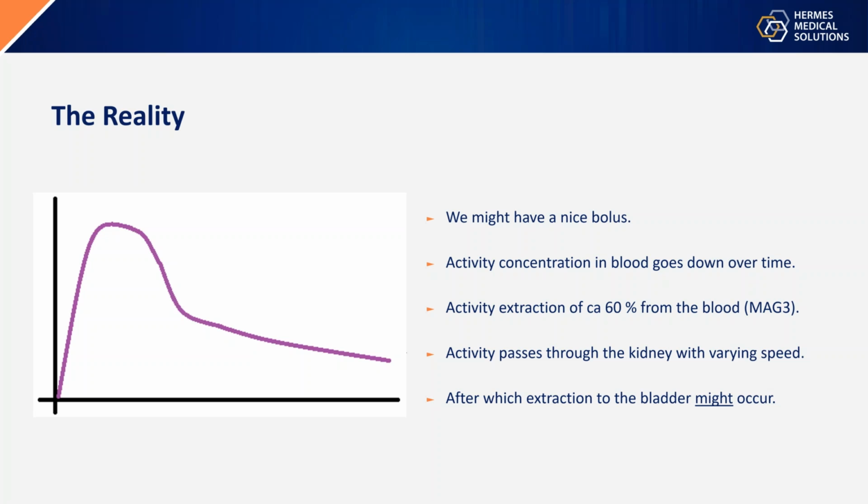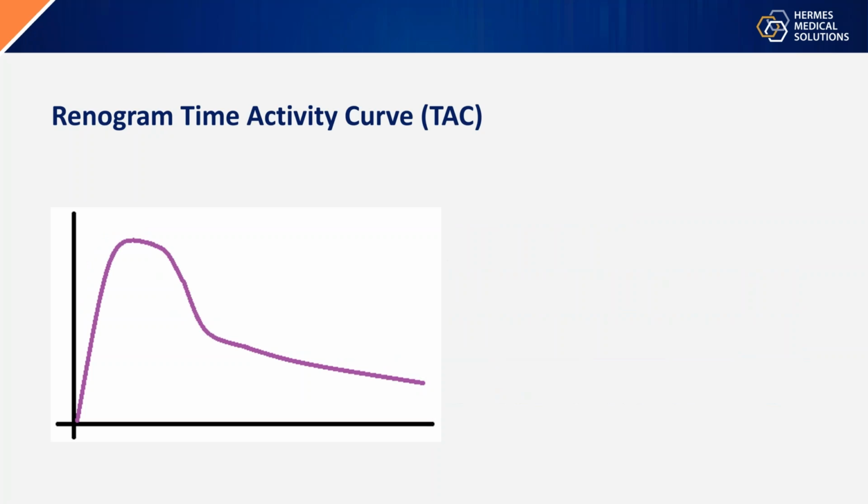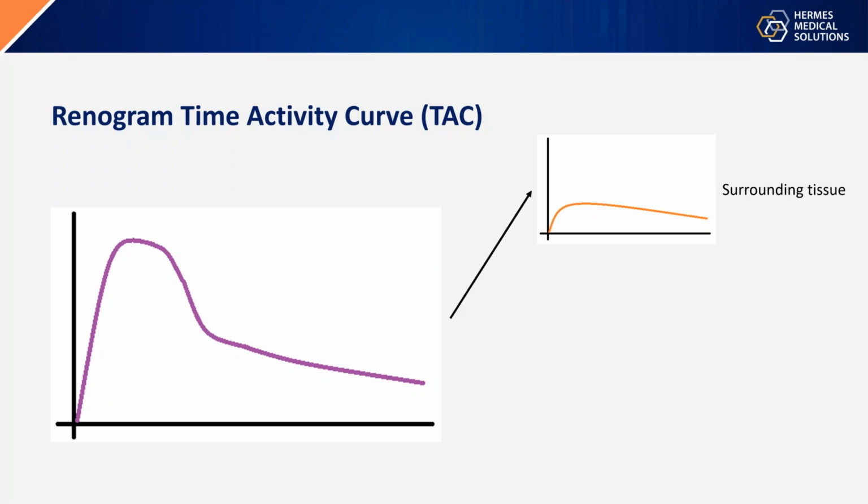And our problems don't really stop here, unfortunately. The thing is that this renogram, this time activity curve, is actually built from several different components. First of all, we have the surrounding tissue in front and behind of the kidney, which will also take up activity.